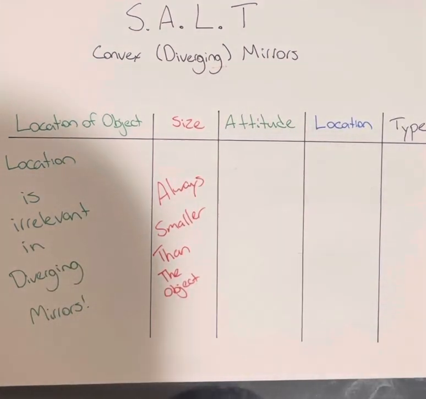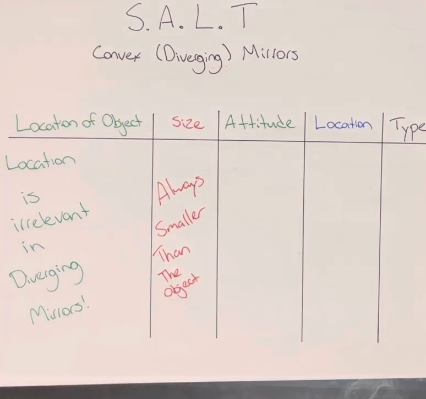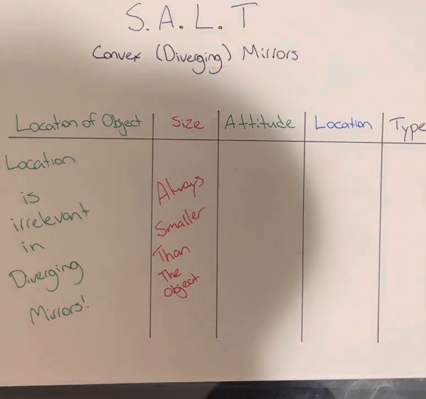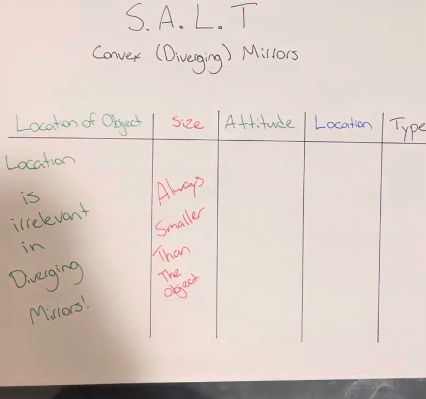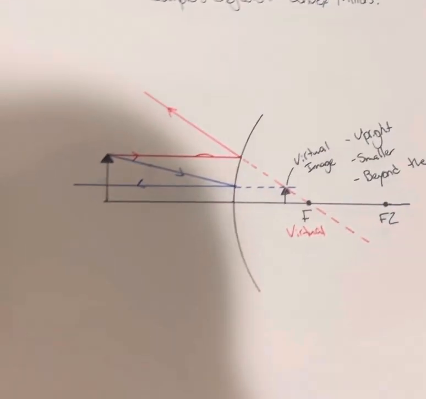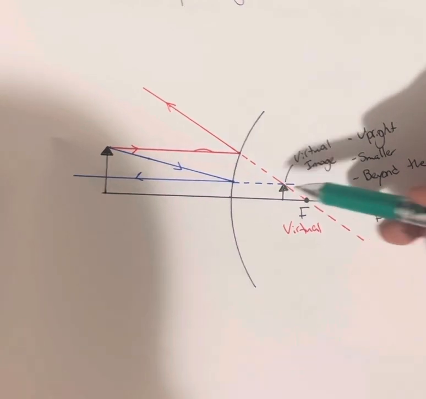And this is something that you're going to notice in actual diverging mirrors. Second one, when we are talking about our attitude of these individual diagrams, the choice is, is it going to be upright or is it going to be inverted? And again, we can see in these examples that it is always going to be upright.